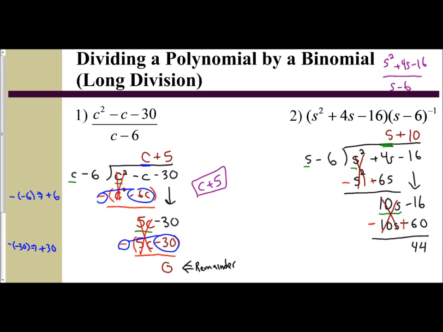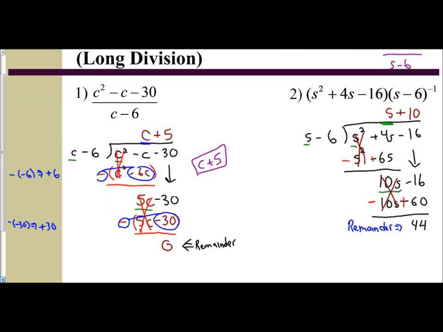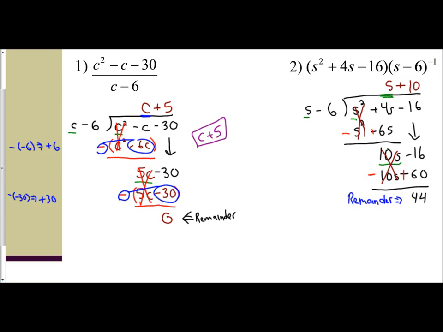And so now this one's different. We see here we actually have a remainder that is not 0. And so we have to take that into consideration when writing our final answer. So I'm going to give myself some room to write my final answer. The s plus 10 is part of the answer, but we have to put our remainder on. And you need to remember what the remainder means.